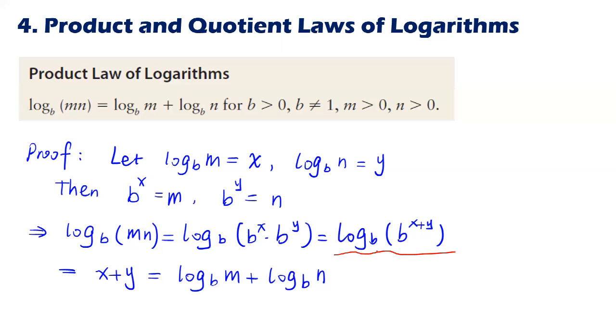So according to the definition of logarithms, this is actually x plus y. X plus y is actually log base b of m plus log base b of n, right? So in this way, we have proved that if you want to find the logarithm base b of mn, you can just use log base b of m plus log base b of n, right? And vice versa, right?